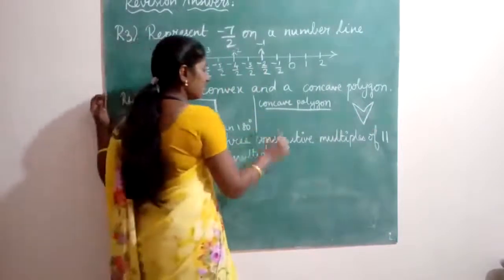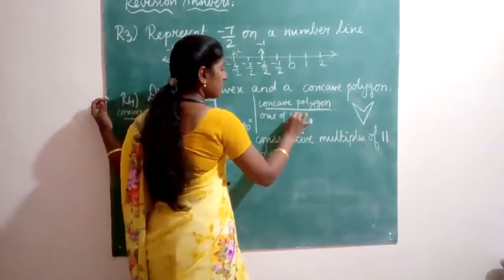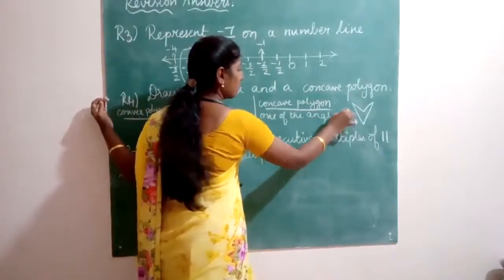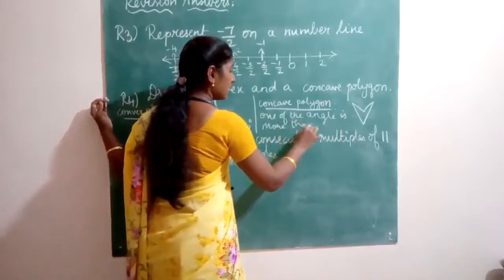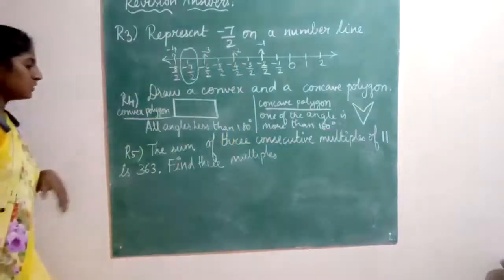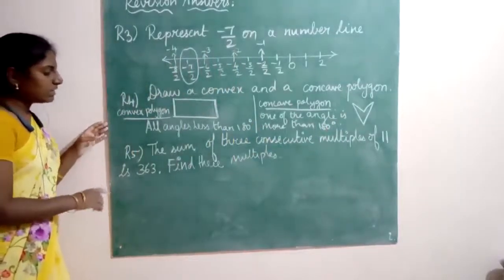So here you can write: one of the angles is more than 180 degrees. Clear?